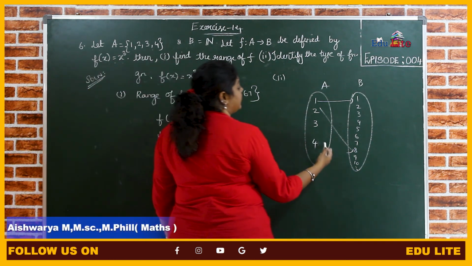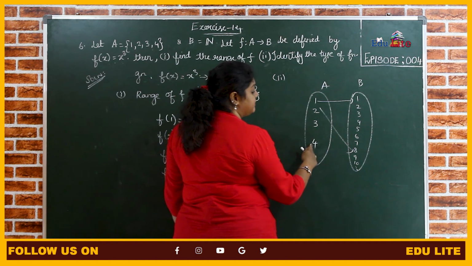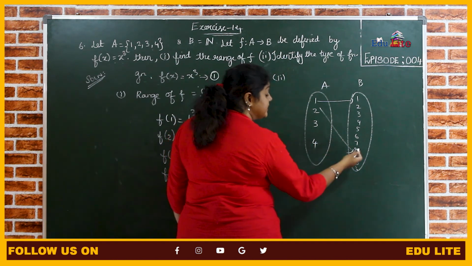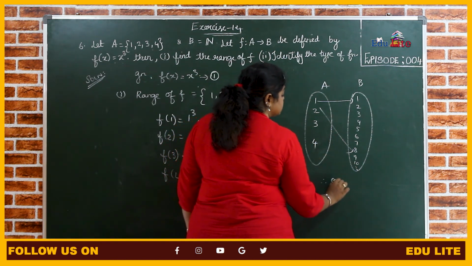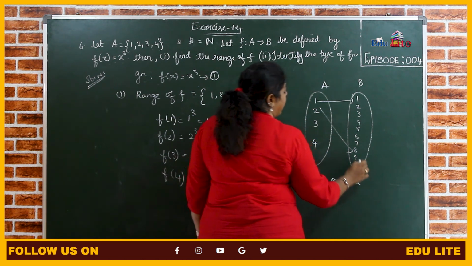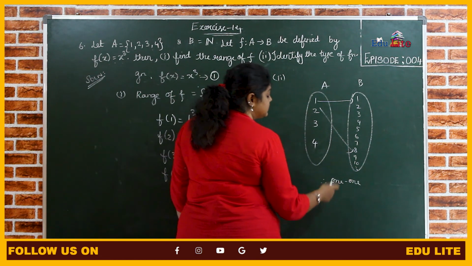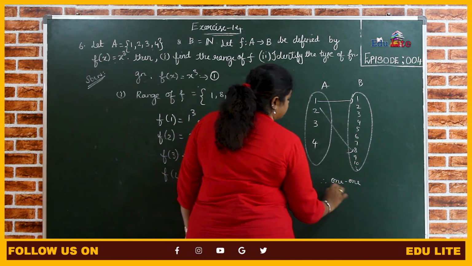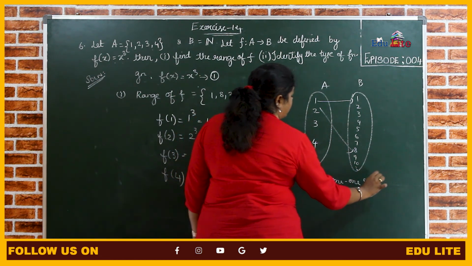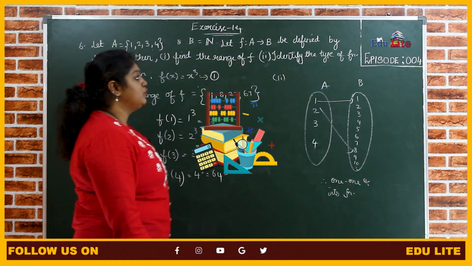So from this itself we can identify every distinct element has a distinct image. Therefore it is one-to-one and there are many elements which don't have a pre-image. Then it is said to be an into function. Therefore this is a one-to-one and into function.